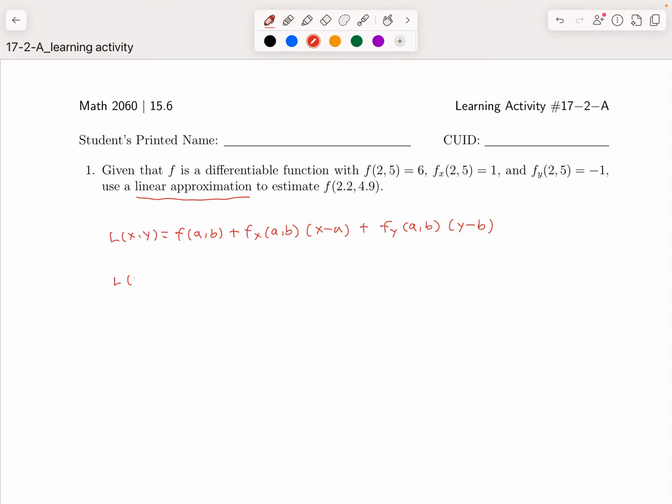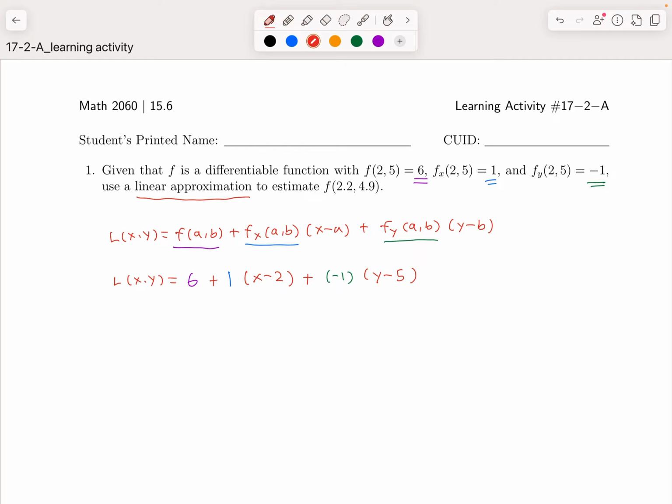So L of (x, y) should be this value, 6, and then plus your partial derivative with respect to x, which is 1, times (x minus the x value), plus your partial with respect to y, which is negative 1, times (y minus y value). So basically you have 6 plus (x minus 2) minus (y minus 5).